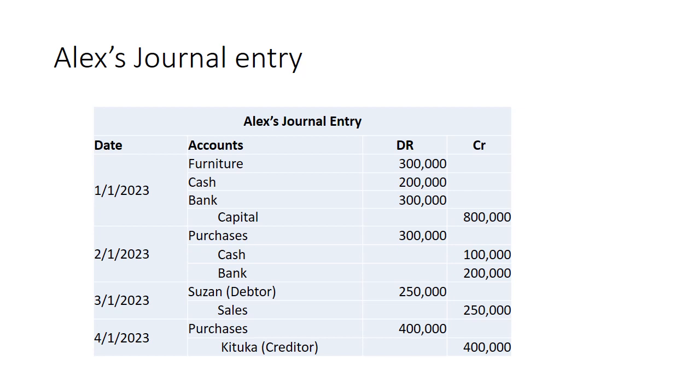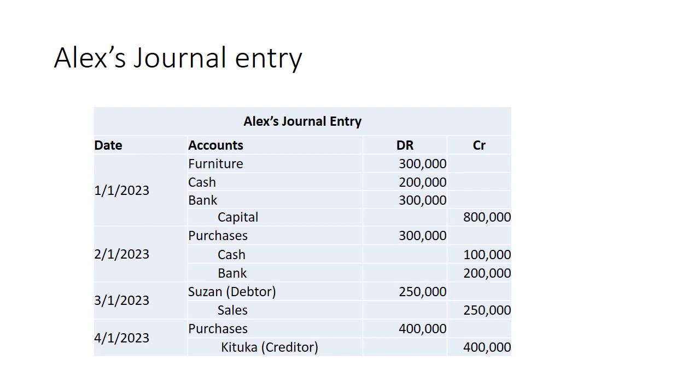But number 2, for purchases, we debit the purchases account by 300,000, credit the cash account by 100,000, and the remaining 200,000 will be credited to the bank account.